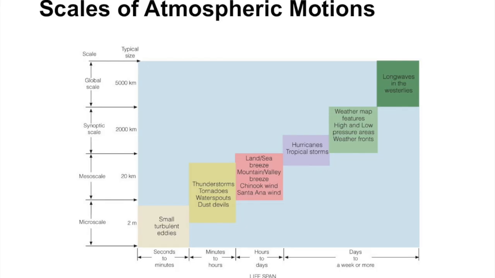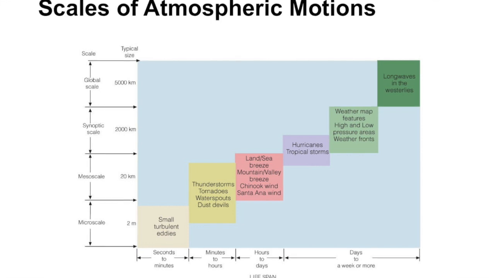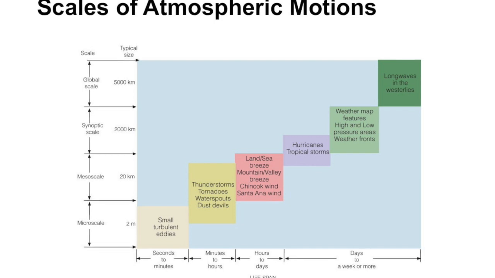Now we look at the different scales of atmospheric motion. On the x-axis is the lifespan or the temporal scale, and on the y-axis is the length scale or the distance scale. Going from the top right, we see the large scale atmospheric motion, which is the long waves in the westerlies.